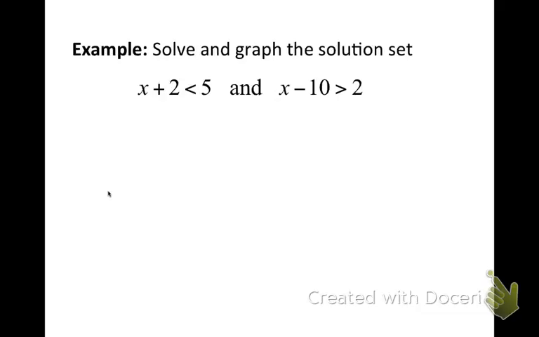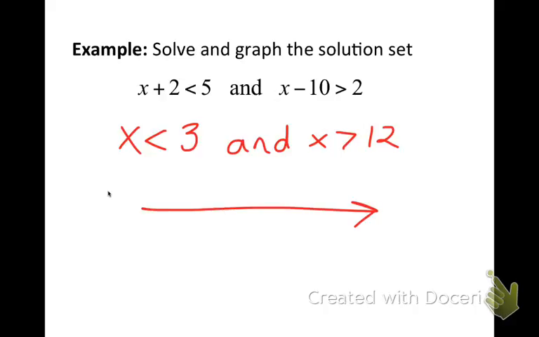What does the left inequality give us when we subtract that 2? x is less than 3. Adding the 10 over gets us x is greater than 12. Okay, so let's graph it, see what's happening. Smallest number is 3, I'm going to put that on the left. Largest number is 12, I'm going to put that on the right.